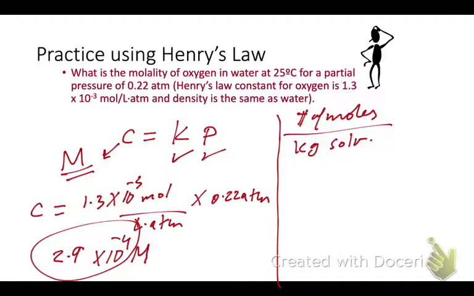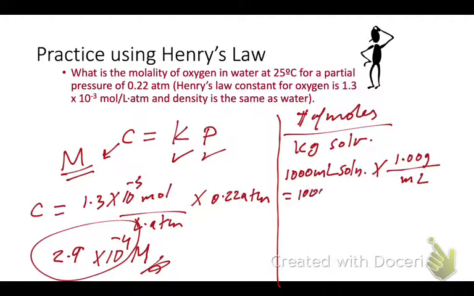So the first thing I can do is find out the mass of the solution, which is I have 1,000 milliliter solution from the definition of molarity. And the density is said to be as water, so 1 gram per milliliter. So that's going to give me 1,000 grams of solution.